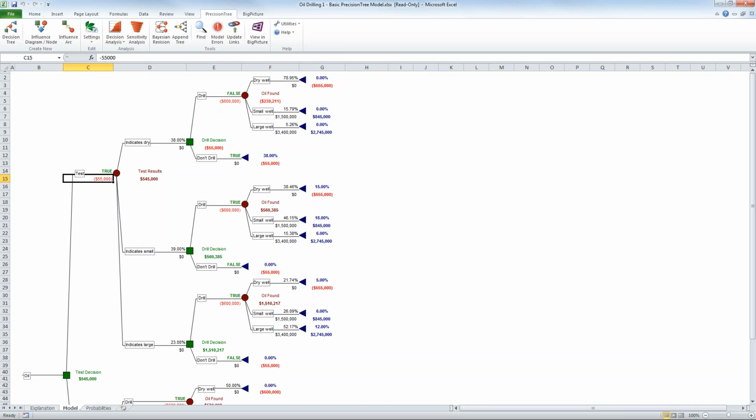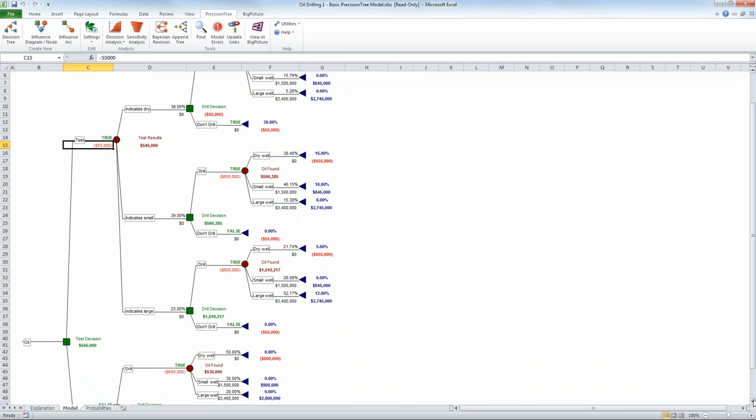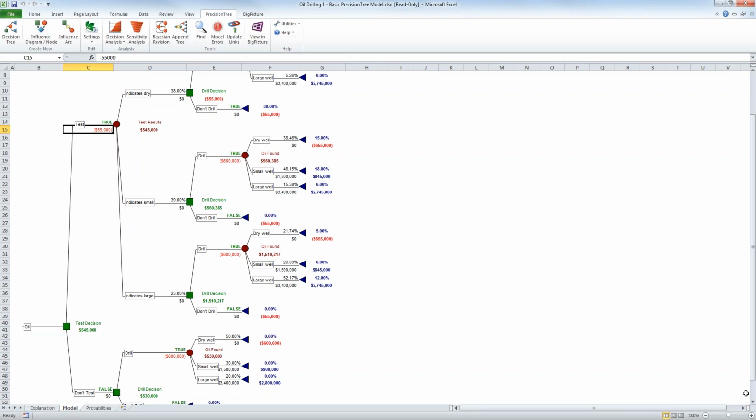The first decision is whether to run the geological test. Do we spend the $55,000 or do we not, and then just drill? What are we going to do? Okay, and that's where the choice is there of test or don't test.